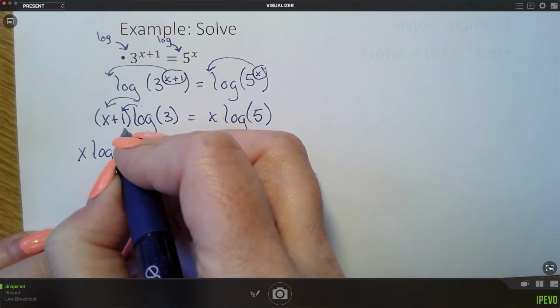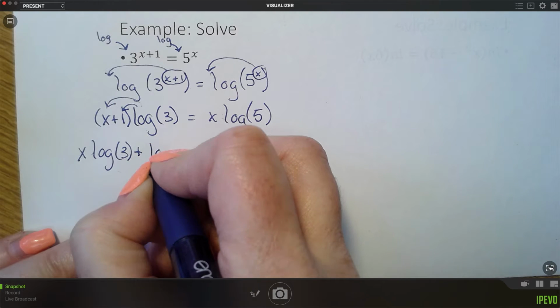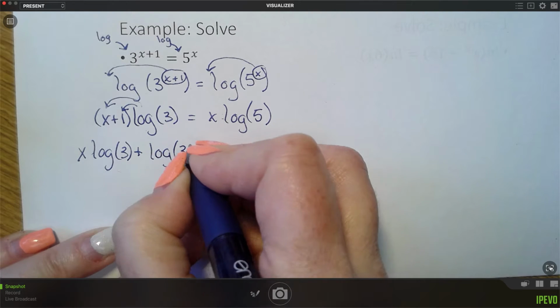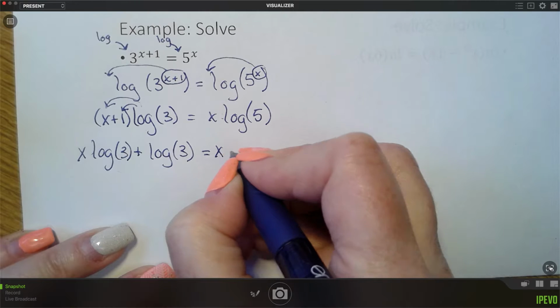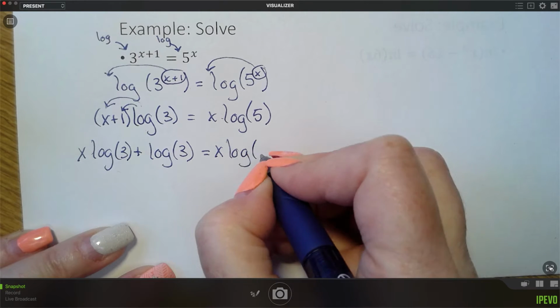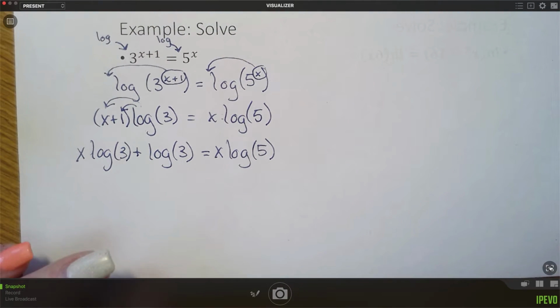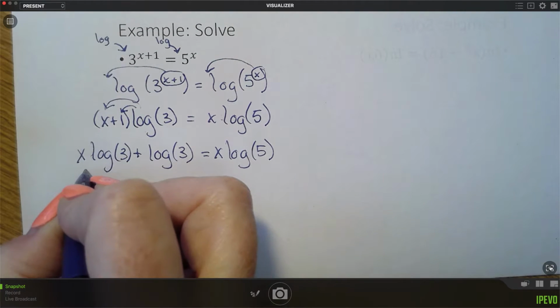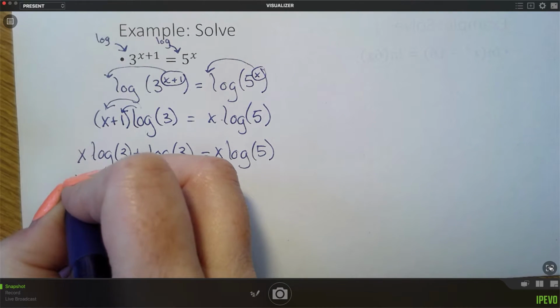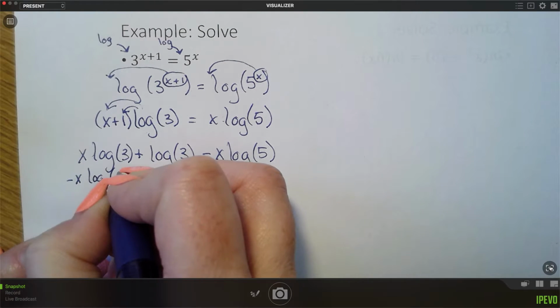Plus 1 times log of 3, which would just be log of 3, equals x log of 5. Okay, so like any other equation, when we've got x's on both sides, we have to get them on one side, correct? So I'm going to subtract x log of 3 from both sides.